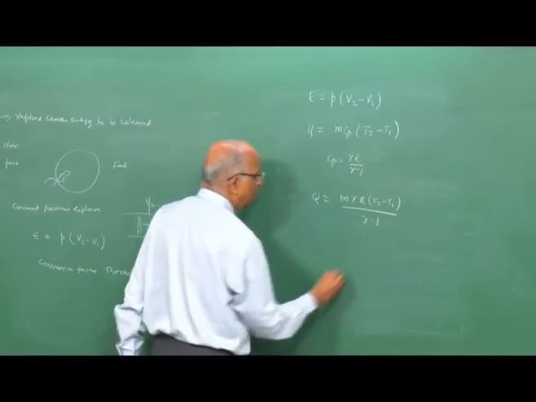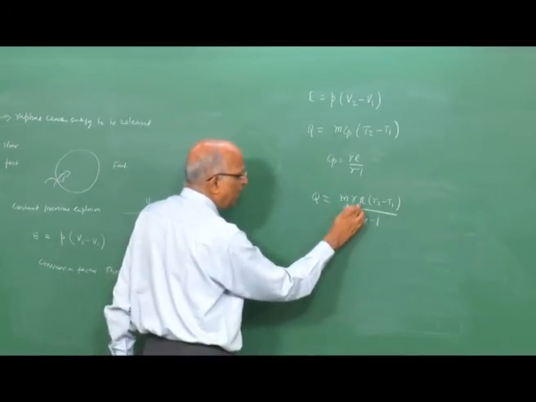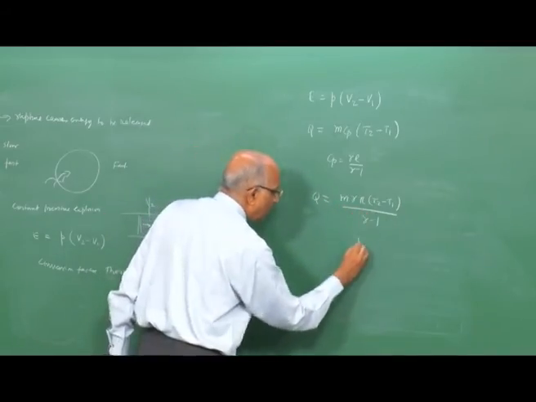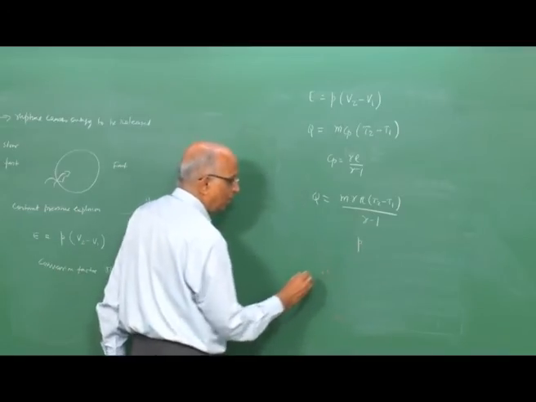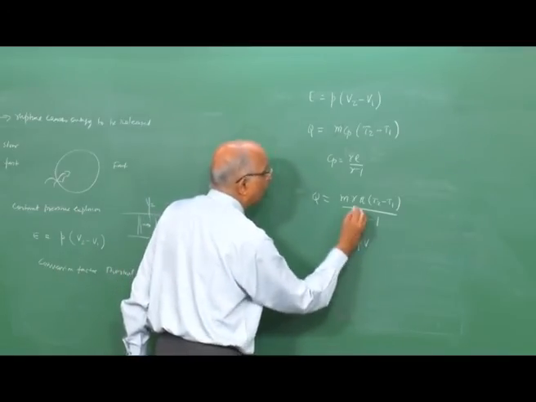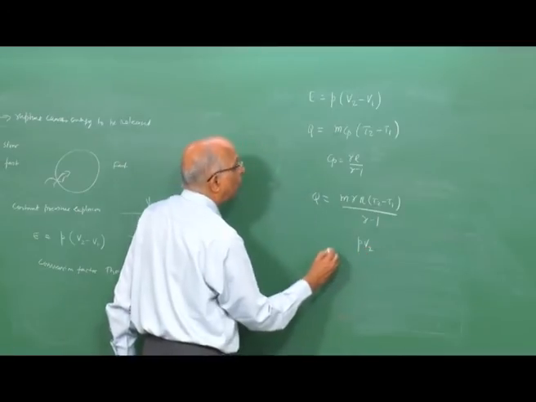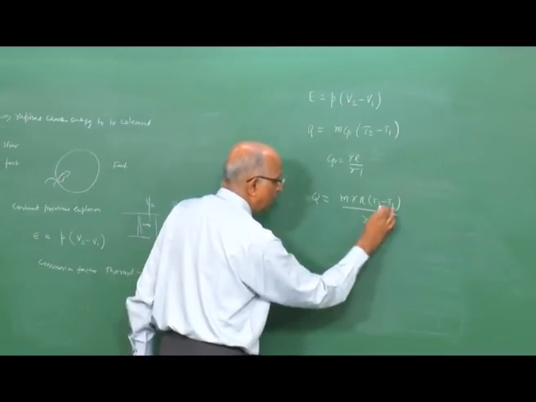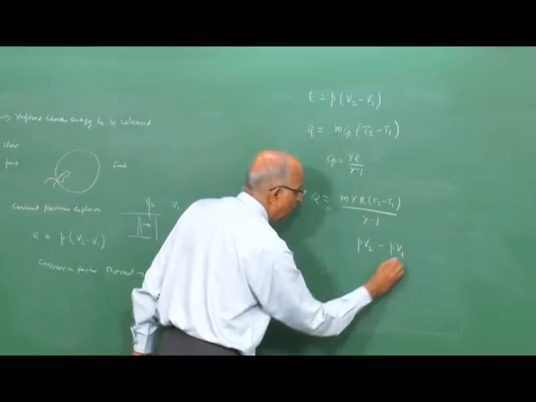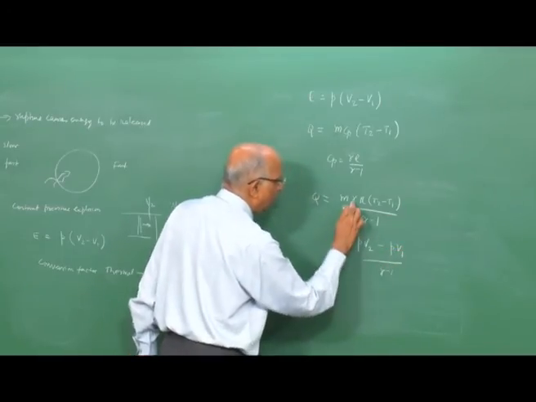Now, mRT2 is equal to P into the final volume V2, the pressure being constant, and mRT1 is the same pressure into V1, divided by gamma minus 1.